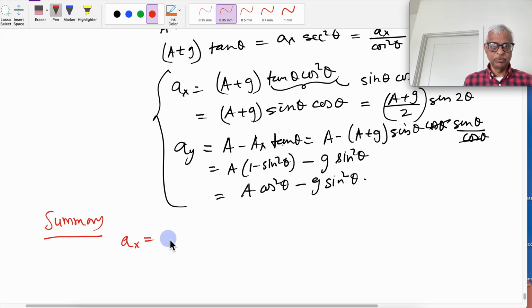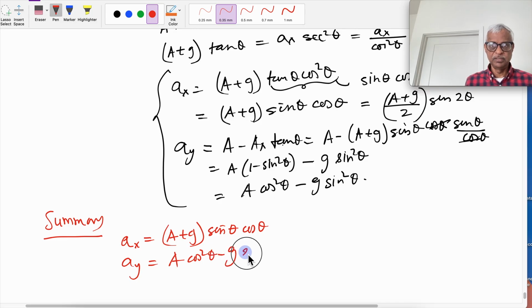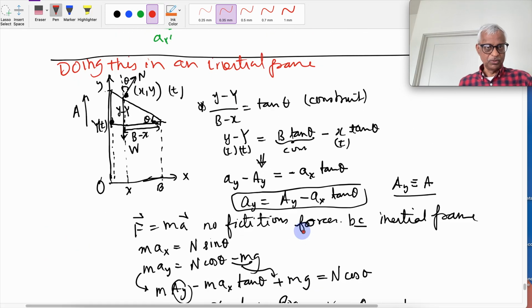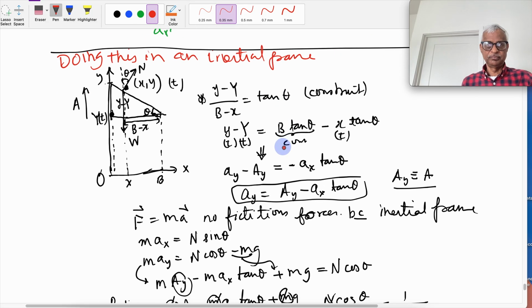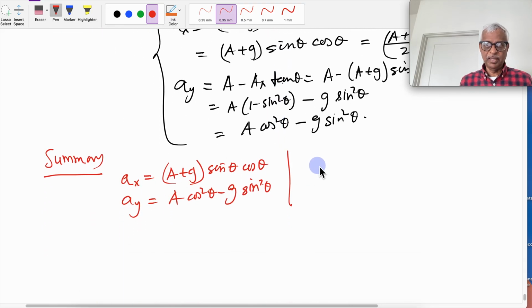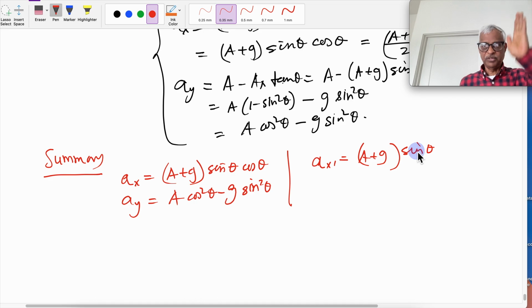So AX equals A plus G sine theta cosine theta, and AY is A cosine square theta minus G sine square theta. And the prime, guys, we found is X prime was same. So X prime was same. And that kind of makes sense, right? Because acceleration of the frame is in the Y direction.